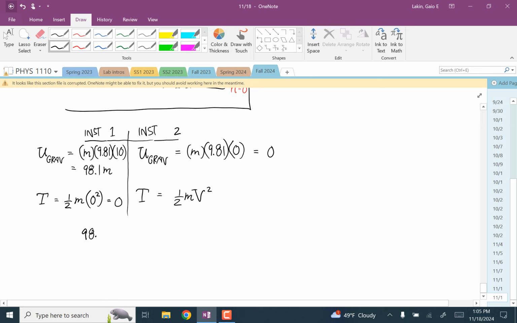You have 98.1 m plus 0 is equal to 0 plus 1/2 m v squared.